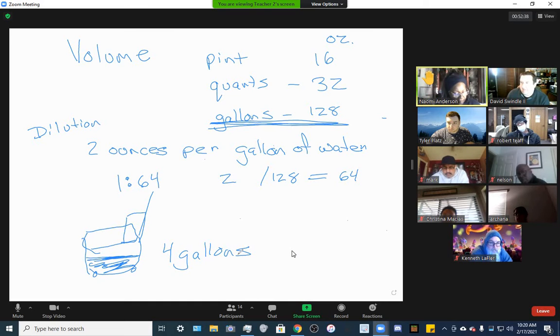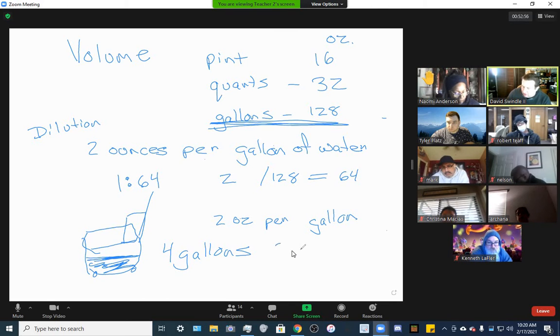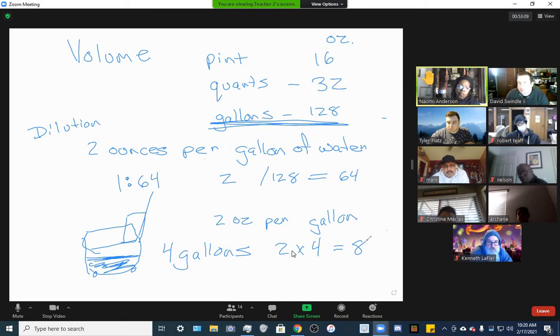Let me make it simple. 2 ounces per gallon of water. 8 ounces, right? 2 ounces per gallon. So we would go 2 times 4 equals 8. Okay. I'll pour 8 ounces, or a cup, of chemical into that, and I would have my cleaning solution. Pretty simple, right?